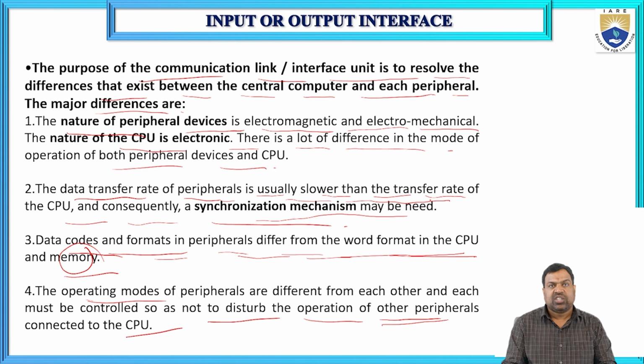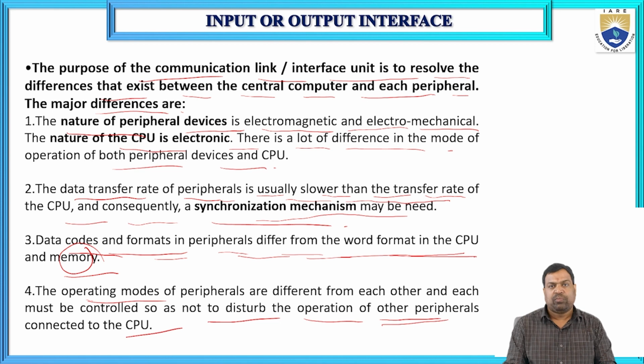The nature of the peripheral devices is electromagnetic or electromechanical, unlike the CPU. The data transfer rate of peripherals is usually slower than the transfer rate of the CPU, and consequently a synchronization mechanism may be needed. Data codes and formats in peripherals differ from the word format in the CPU.